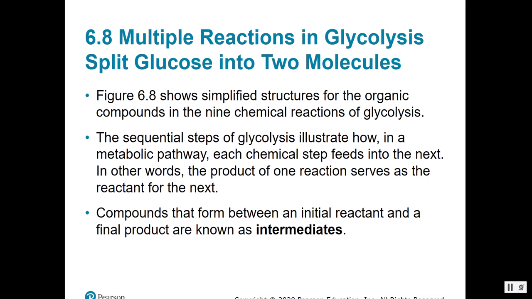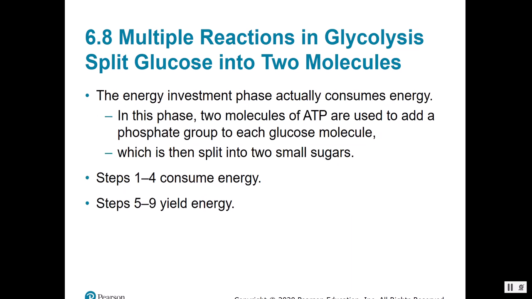So, in other words, the product of one reaction is going to be the reactant for the next reaction, and then that product is the reactant for the next one. So the compounds that form between initial reactants and final products are called the intermediates. So if you've got 9 chemical reactions, you have a whole bunch of intermediates before you get to your overall final product, okay?